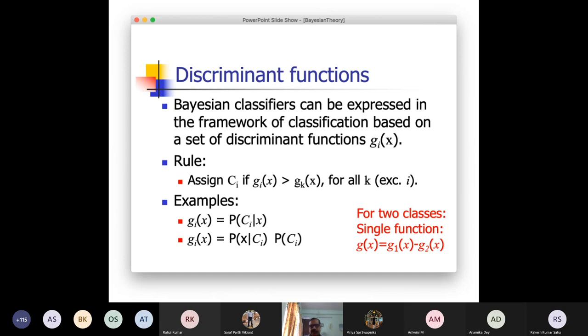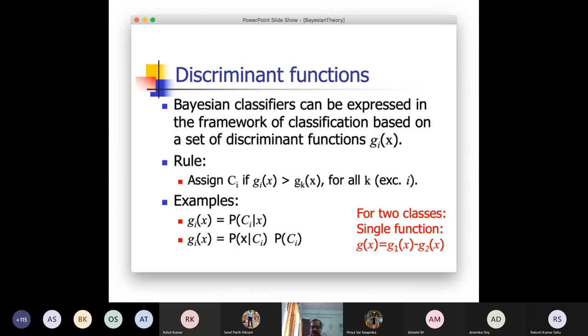Now, if we consider only two classes, a single function will do. You do not require two distinct functions, because you can express a function as the difference of these two, and since you are comparing them, if the value is positive, then g_1(x) is greater, which means you assign class C1.